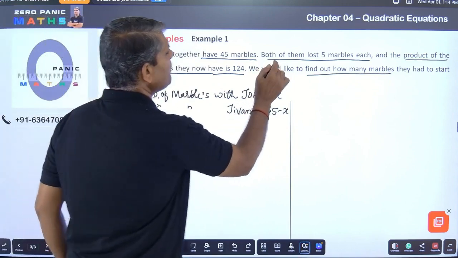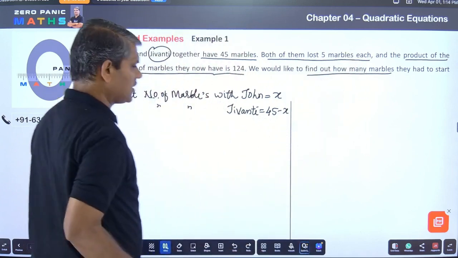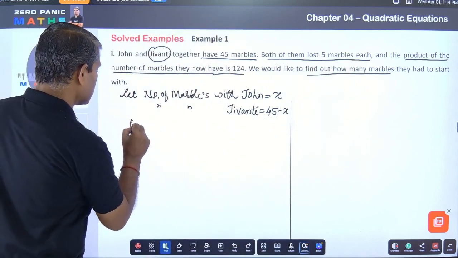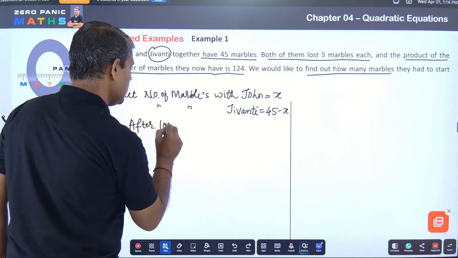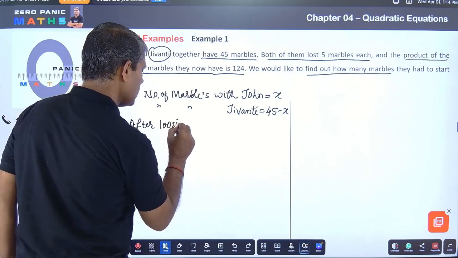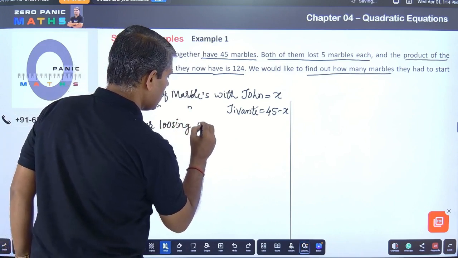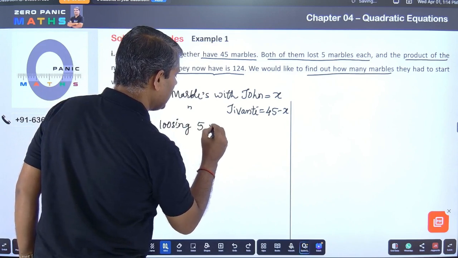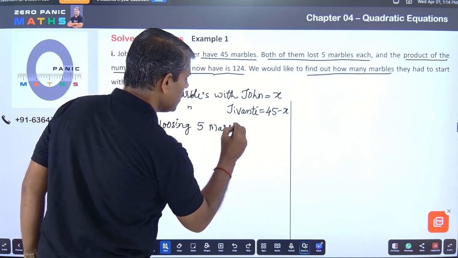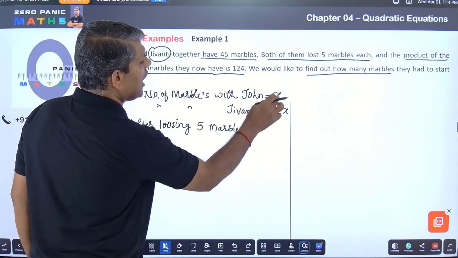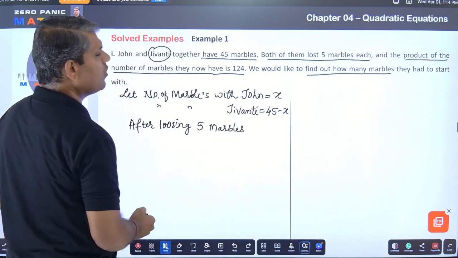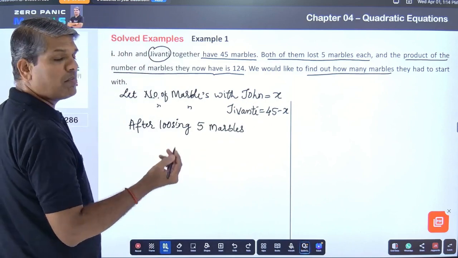Now both of them lost 5 marbles. After losing 5 marbles each, what will be the marbles with John?